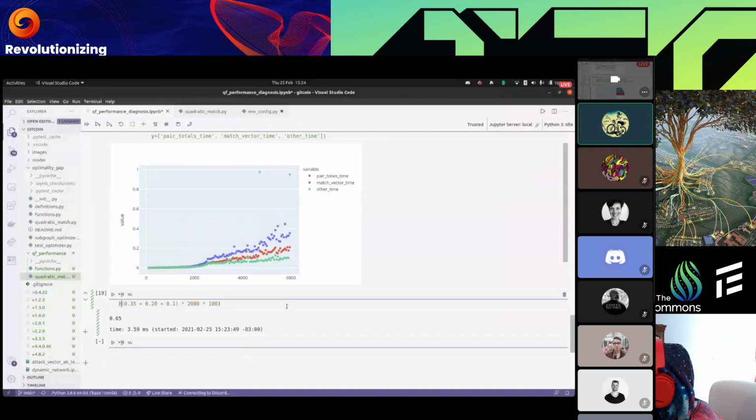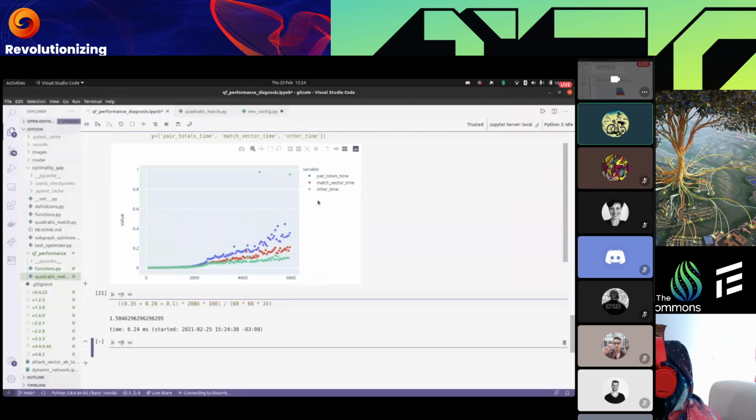This means that to calculate the optimality gap for 6,000 contributions over 100 grants, we will take that amount of seconds. Then we could divide to get minutes, then hours, and then days. So it will take a day and a half just to compute the optimality gap for that.